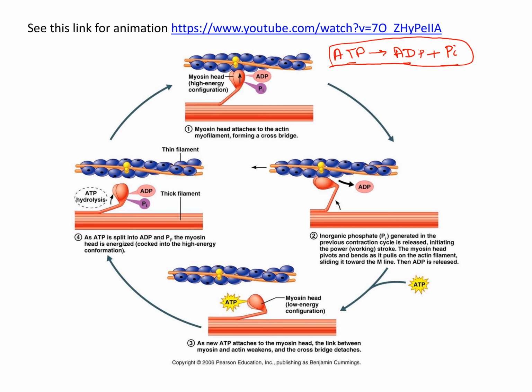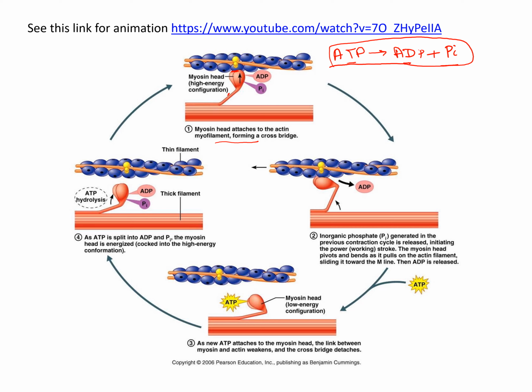The first step you're seeing is left from the previous cycle. The first step says the myosin head attaches to the actin myofilament, forming a cross bridge. In this step, myosin is loaded with potential energy and it is attached to the active site on the actin filament from the previous cycle.